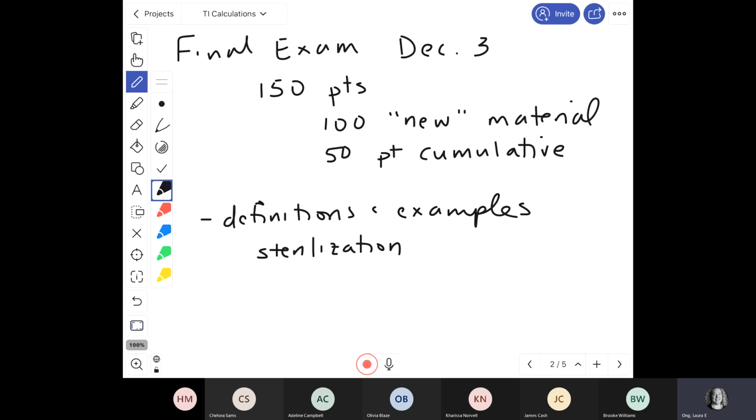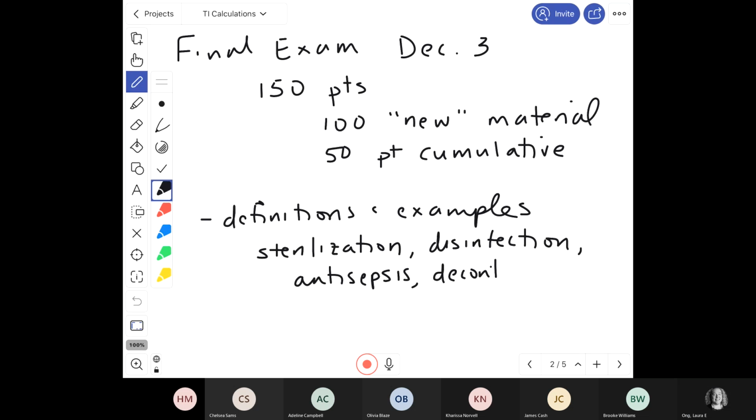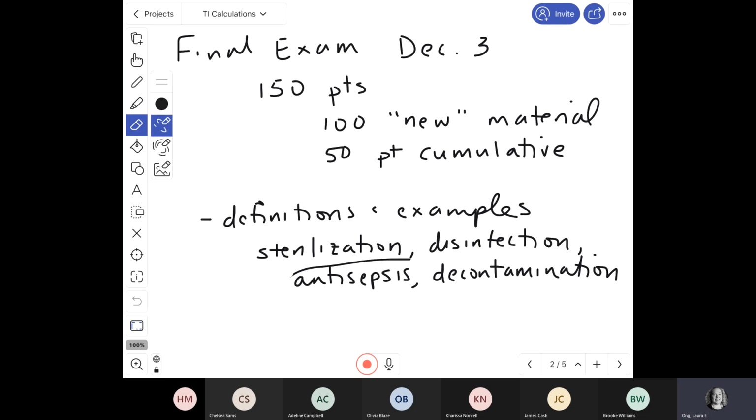What's the difference between sterilization, disinfection, antisepsis, and decontamination? What are some methods that sterilize? What are some methods that we use for antisepsis, and what's technically the difference between those? So there's a section about that. That's basically the first page.